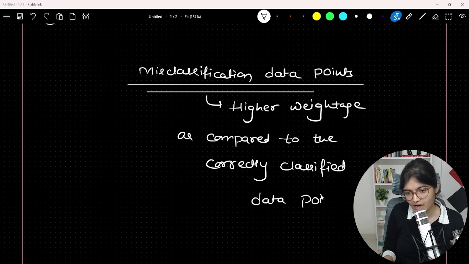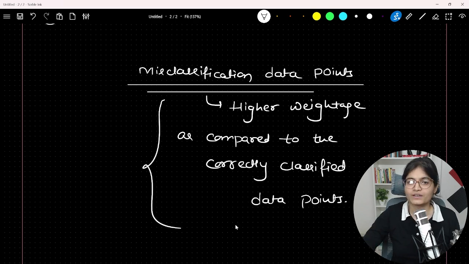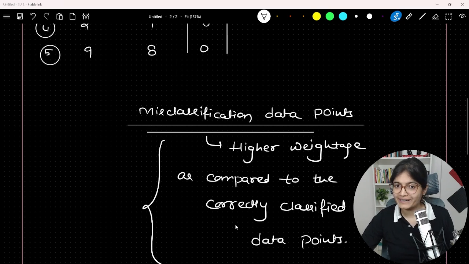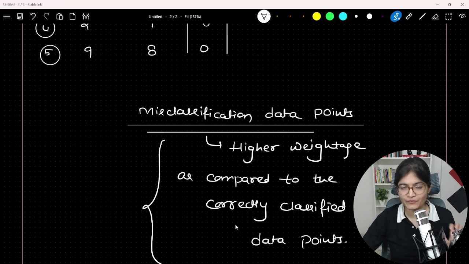The question is how this is done. What is the core idea behind it? How does my model mathematically and automatically assign a higher weightage to misclassified points and a lower weightage to correctly classified points?